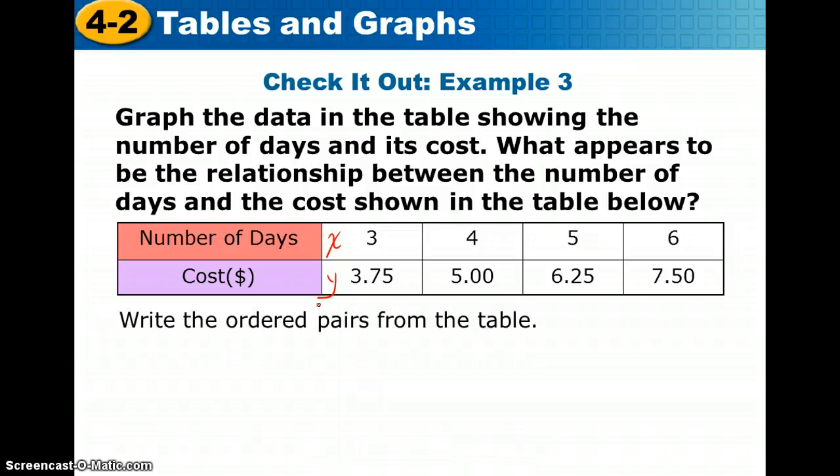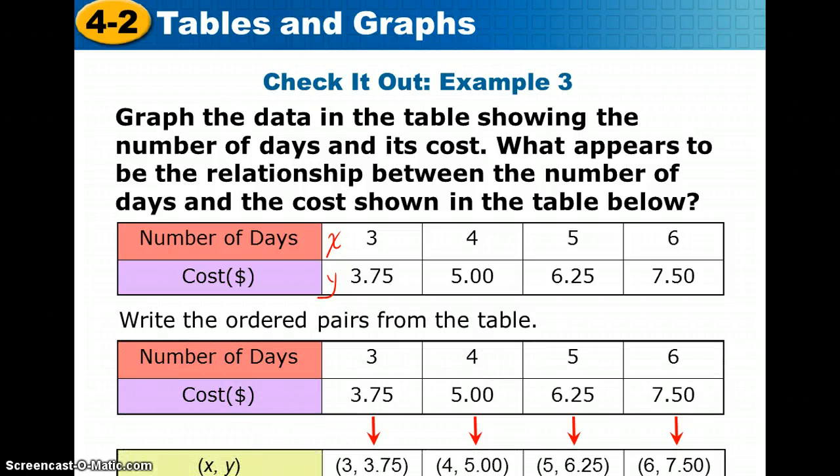We're going to write the ordered pairs. So 3 was our x, so 3.75 was our y. 4 was our x, $5 our y. 5 was our x, 6.25 our y, and 6 was our x, and 7.50 was our y.